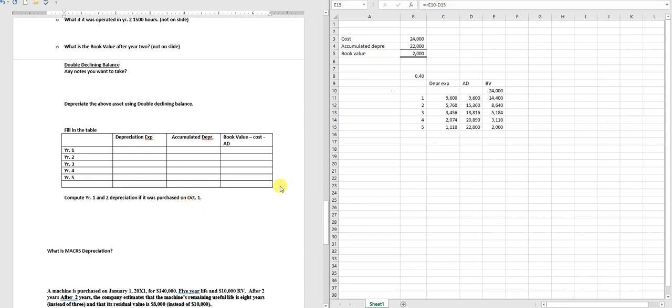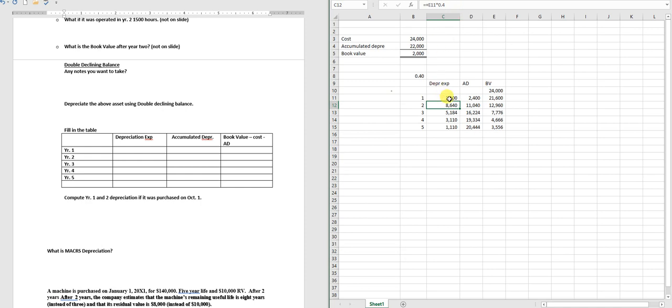So in year 1, I have, again, book value times 40%, but in this case, I'm going to take it times October, November, December, 3 divided by 12. So I have $2,400 of depreciation the first year.